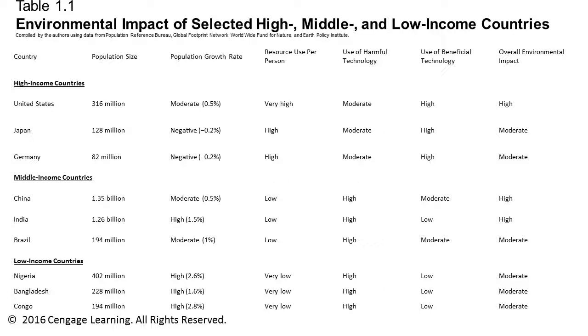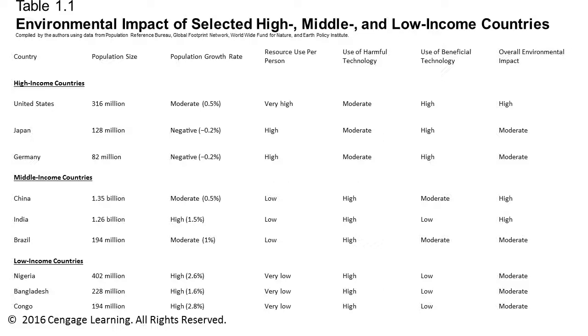Now let's look at some of the lower income countries, those that are considered to be least developed. These countries have some of the highest population growth rates, and we'll get into population growth in a later section, but they are categorized as having a very low resource use per person.